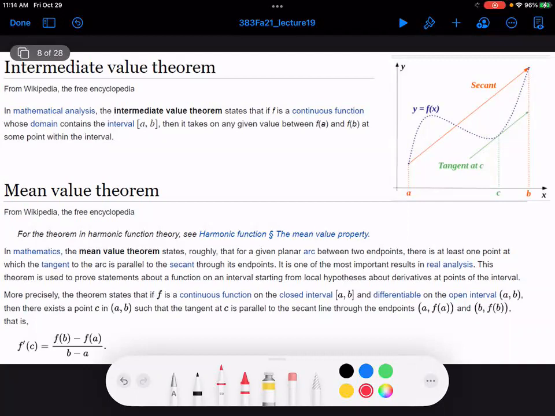So at some point in time, my instantaneous speed is below 50, and at some point in time, it's above 50. Unless, of course, it's always 50, in which case this is really easy to prove, because every choice of c would work. And so if at some point in time I'm below my average speed and at some point in time I'm above my average speed, how do I know I have to be my average speed at some point in time? By the intermediate value theorem. And there's probably a reason why this slide is such that the intermediate value theorem is on top and the mean value theorem is right below it. It's a really nice application.